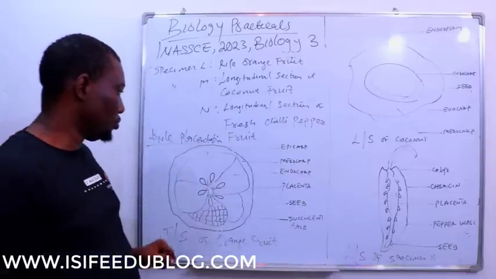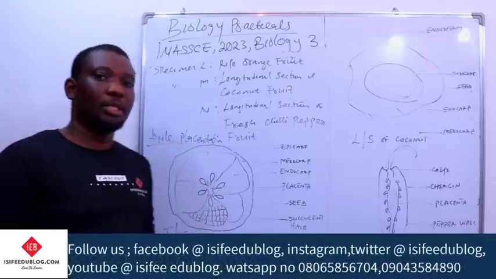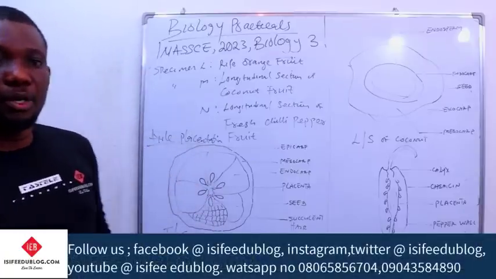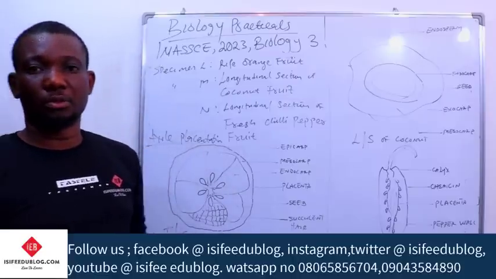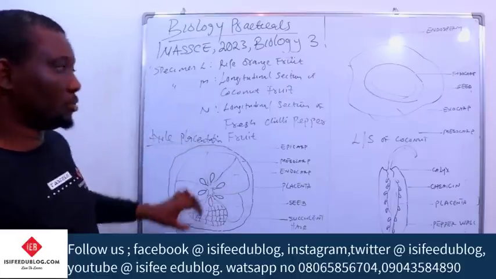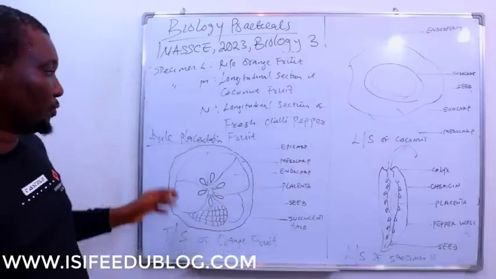Okay, coming back to orange, because I'm not finished with orange yet. Now let's start with the fruit type. There are so many types of fruit. Your fruit can either be a false fruit or a true fruit, but basically this is a true fruit. All the fruits you see are true fruits. Why are they true fruits?